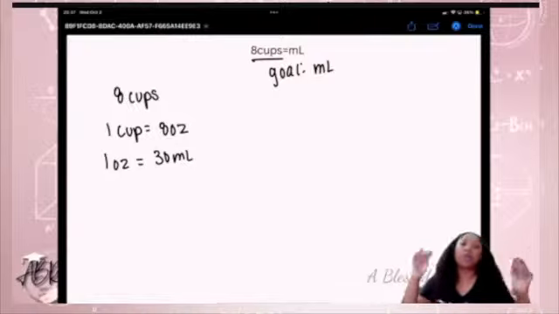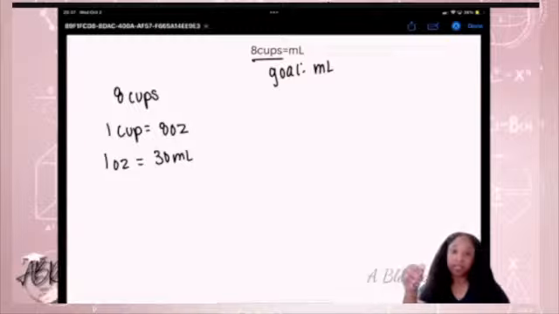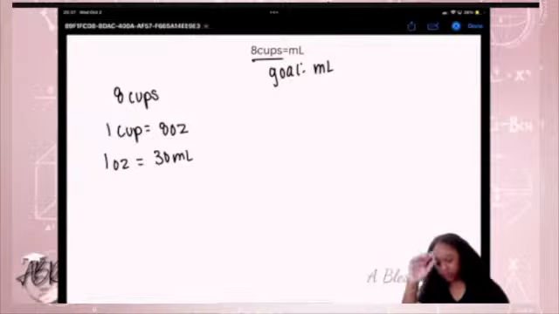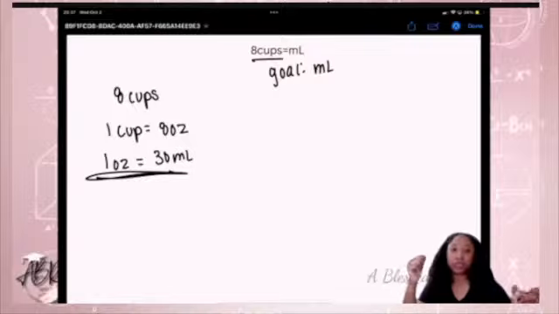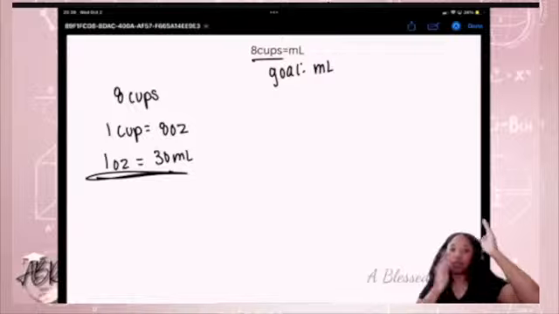So I'm going to start my setup with the puzzle pieces and what I am looking for. If it tells me I need to find milliliters, I start with milliliters. This piece has milliliters in it, so I put my milliliters on the top.